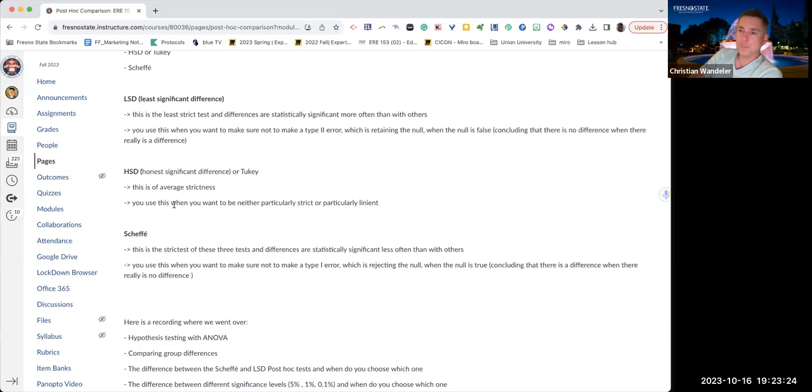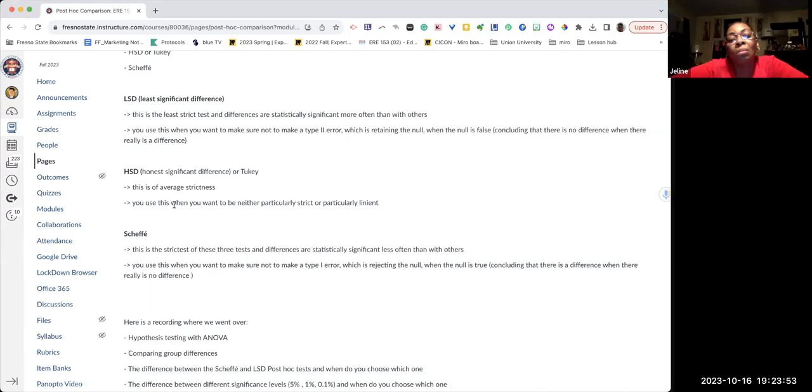Yes, by definition you have at least 3 groups, otherwise you could do the t-tests that we just looked at. But if you're looking at 3 or more groups, the question of whether you want to be strict or not so strict is really informed by your theory and the practical nature of your study.